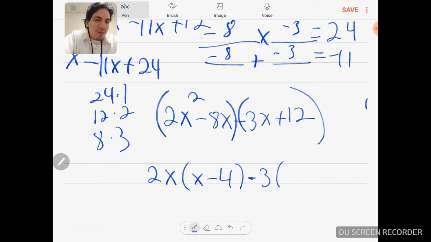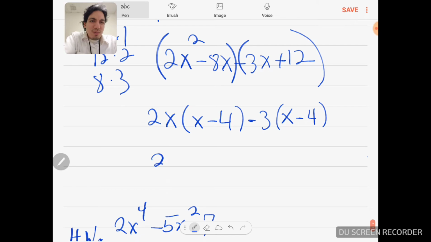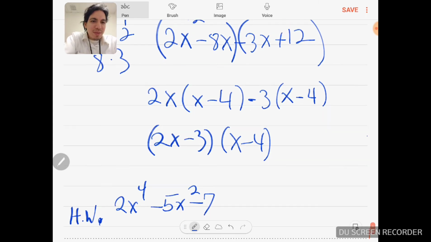So this way I'm left with x and negative 4, because when I multiply back, I get the same answer. And now we have 2 of the same terms. I'm left with 2x minus 3 times x minus 4 as my answer.